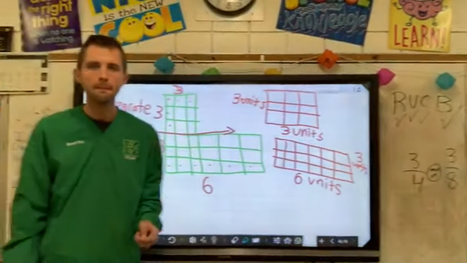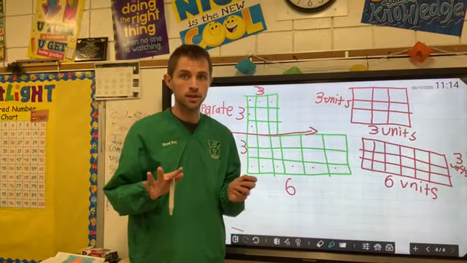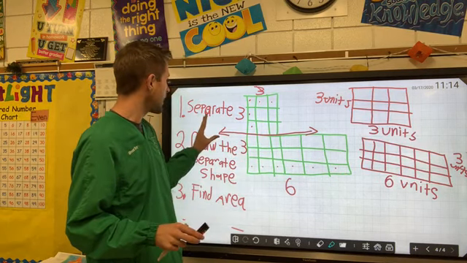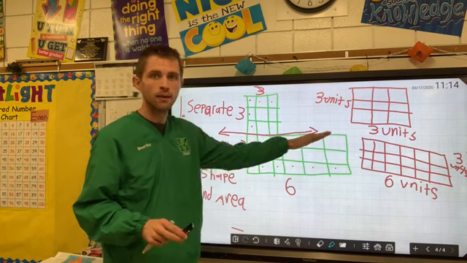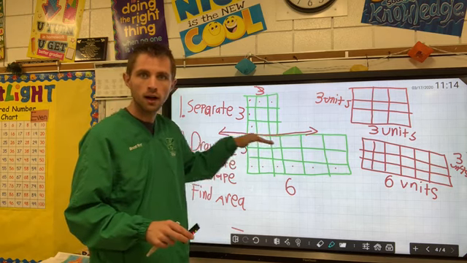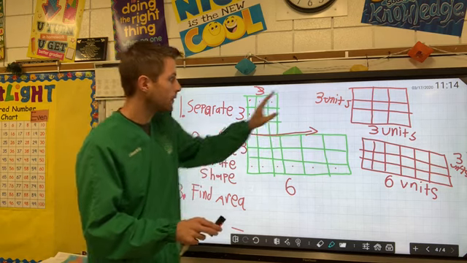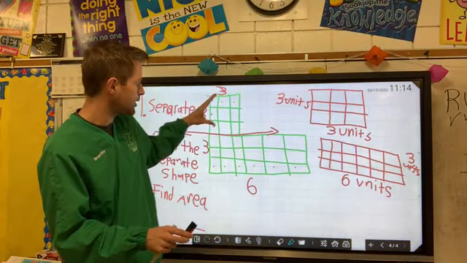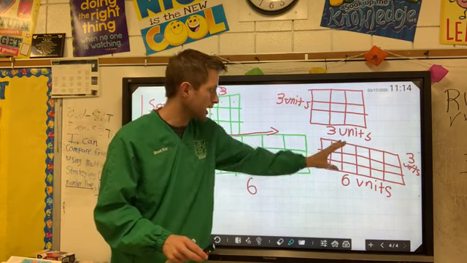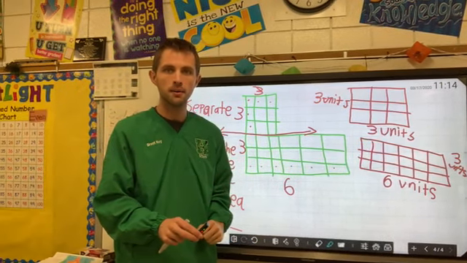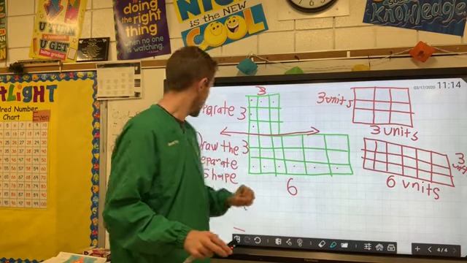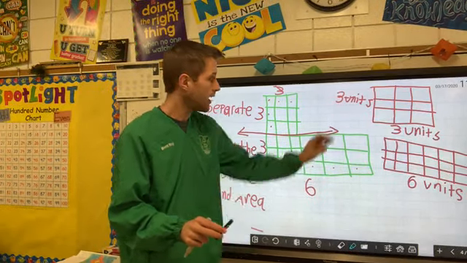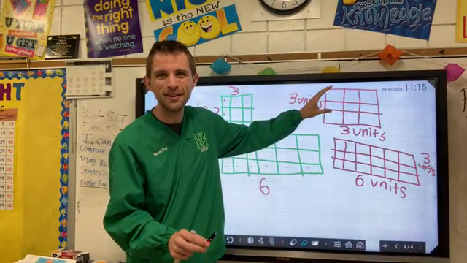You with me? All right, so just to recap what we did. First, we separated our rectilinear model. Second, we drew out our separate shapes. As you can see, I drew the square here. I drew the rectangle here. Third, we found the dimensions.